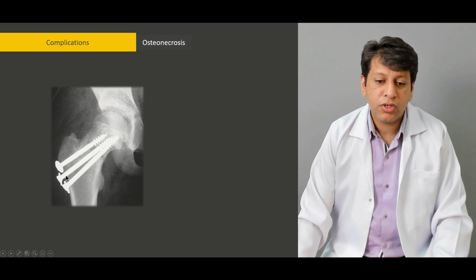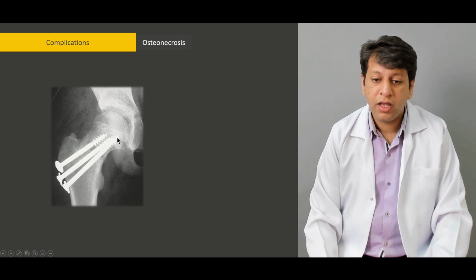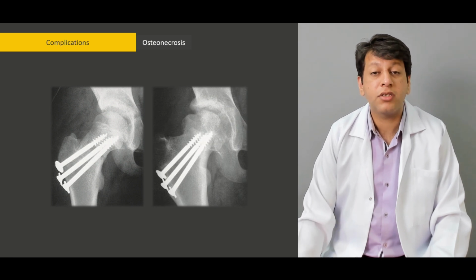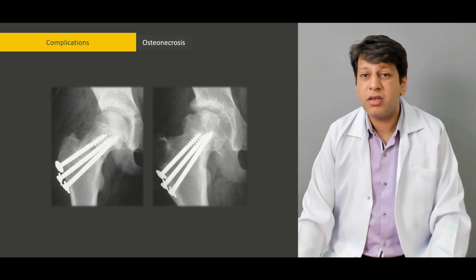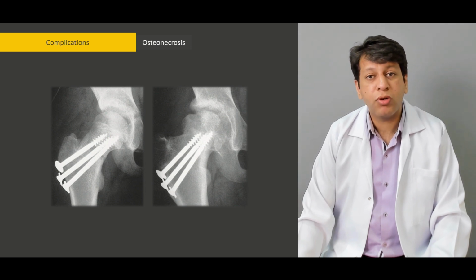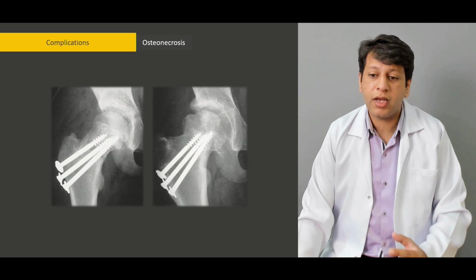For example, this is what was done, but 6 months or 1 year down the line, you get an X-ray, the patient is complaining of hip pain that is still not settling down, and she is not completely back to what she was before the accident.